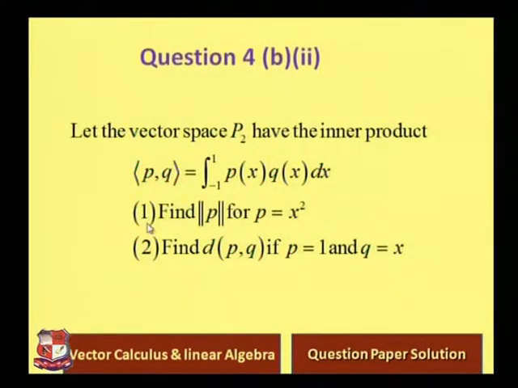First question: find the norm of P, where P is x square. Second: find the distance between two vectors P and Q, where P is 1 and Q is x.